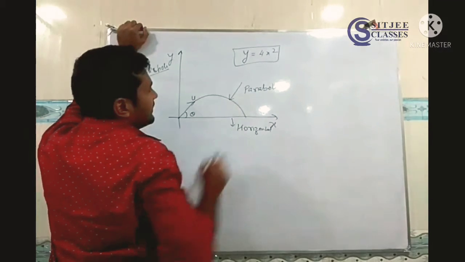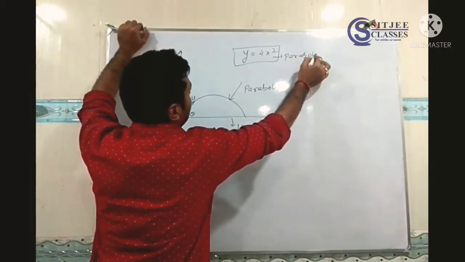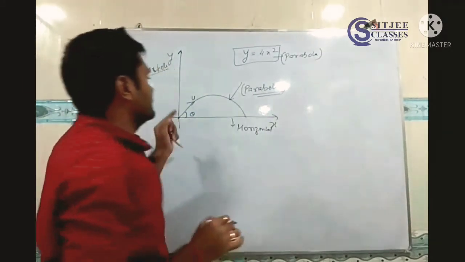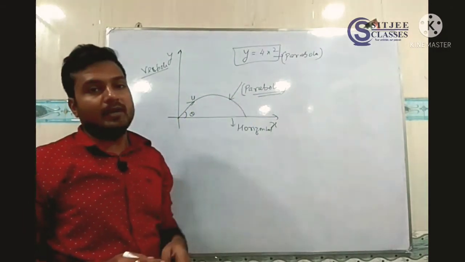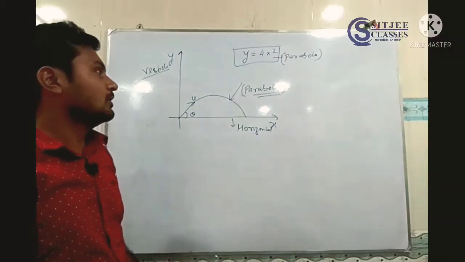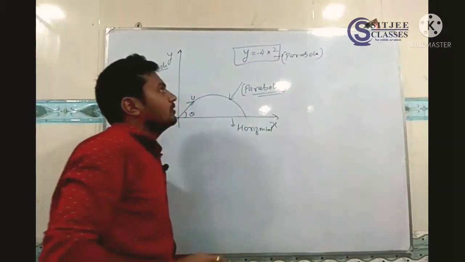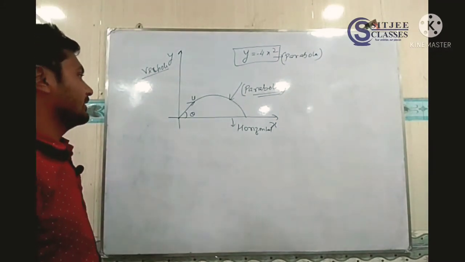This is the equation of a parabola. Very important, this question is repeatedly asked: what is the path of this projectile? The path of a projectile is parabolic. This is called a downward-opening parabola, and the equation will be y equal to minus 4x square.